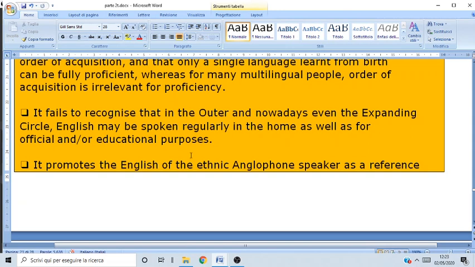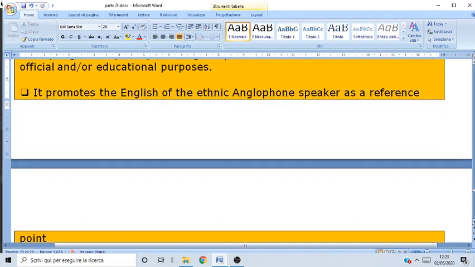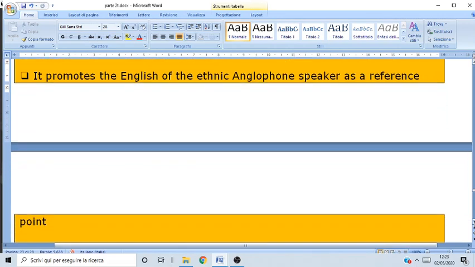So it doesn't make sense. Moreover, this idea promotes the fact that English should always be the reference point. English that is spoken by Anglophone speakers, by ethnic Anglophone speakers, the inner circle.